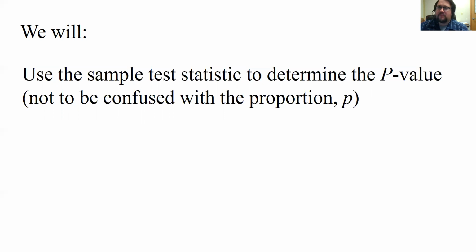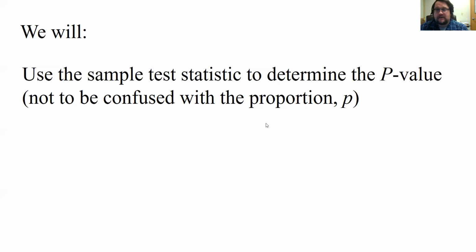Our p-value is the probability that if the population proportion was what we say it should be, we would land at that test value or more extreme, more towards one of the edges, either the upper edge or the bottom edge. That's going to be our p-value.